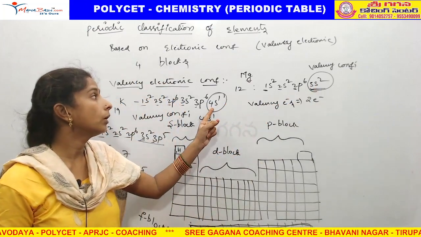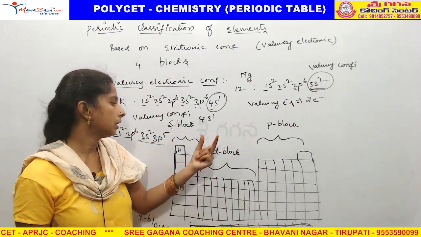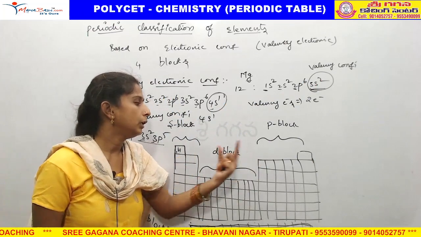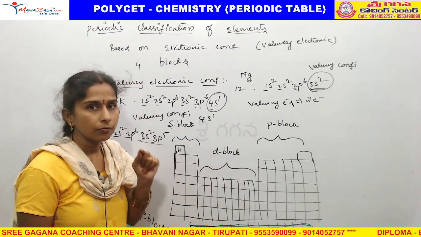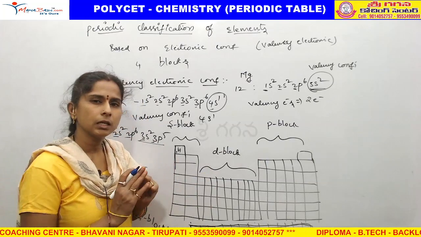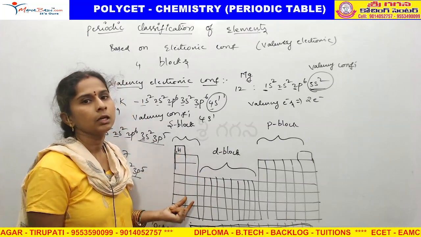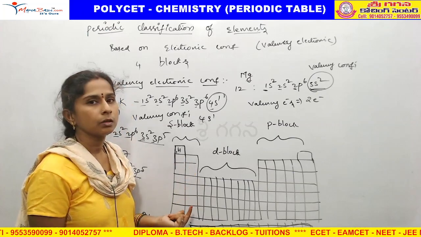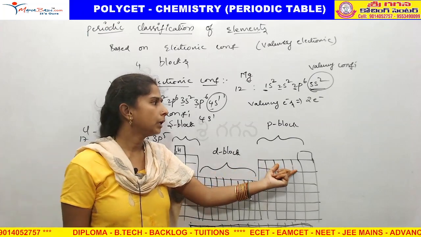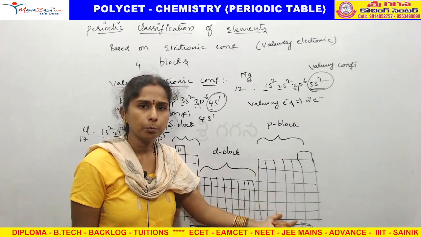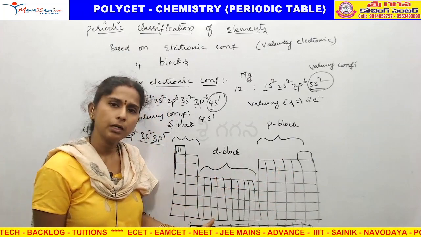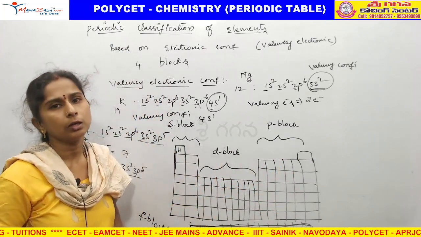So based on this valency configuration, he divided into 4 blocks. If the valency electron, meaning the last electron, enters into the S orbital, they belong to the S block. If the valency electron enters into the p orbital, they are p block elements. D orbital, D block elements. F orbital, F block elements.